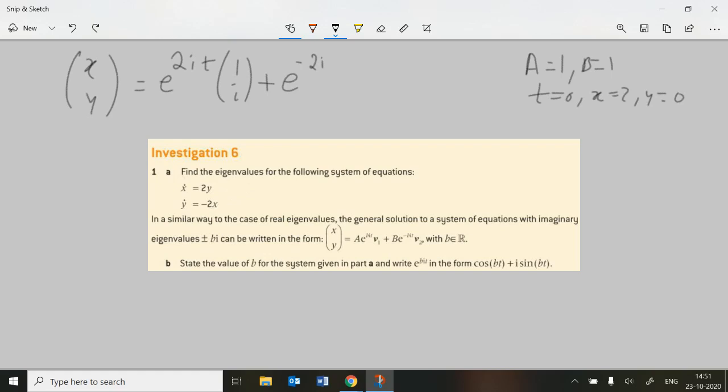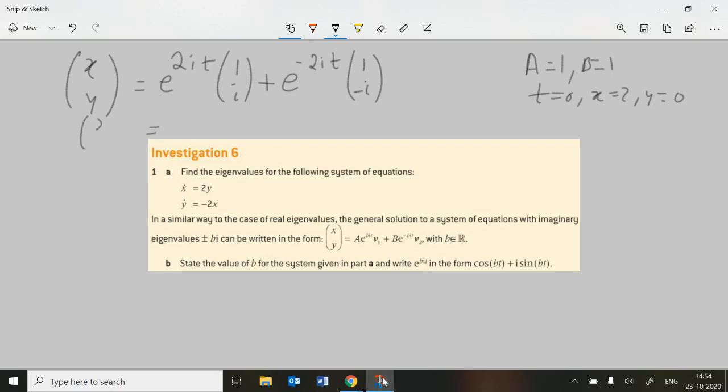And then with the other eigenvector put the t on the end, and the other eigenvector was 1 and minus i. Okay, so now we're going to switch the polar forms here. We're going to replace the e to the 2it with the cis theta form, so from Euler's form to the other polar form.